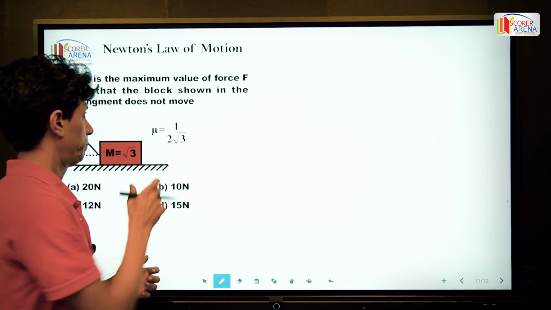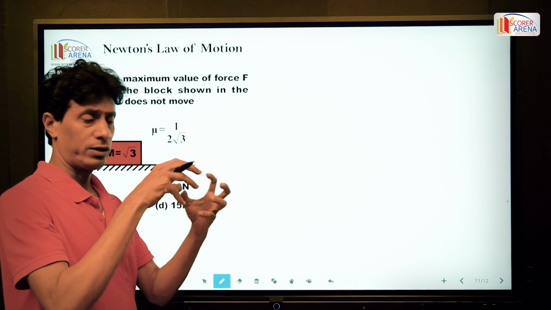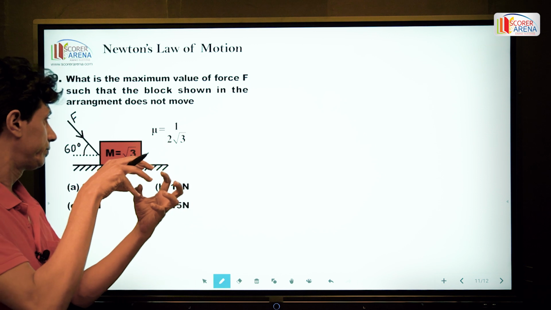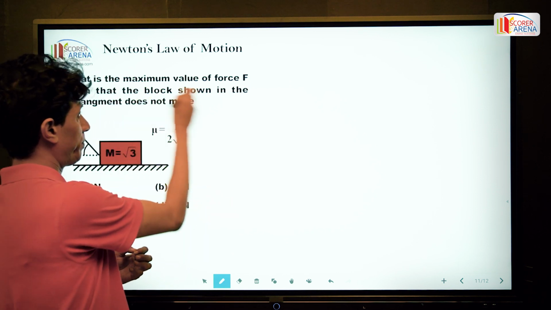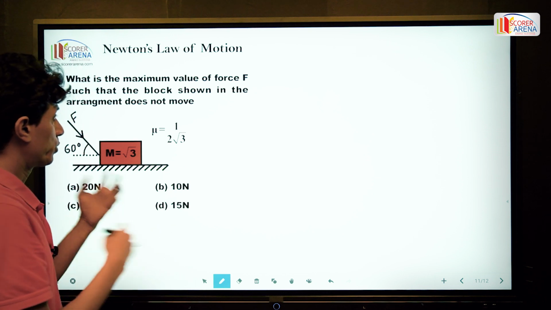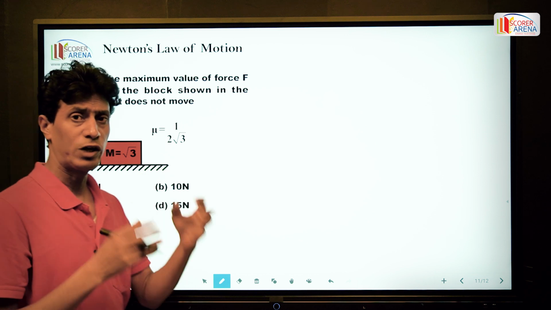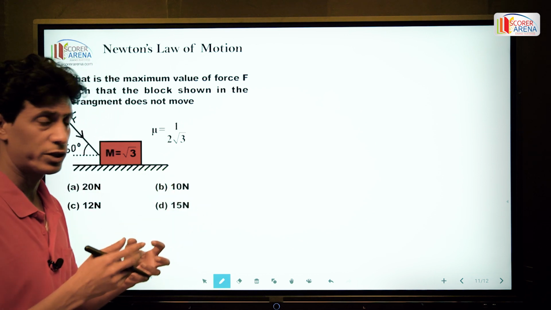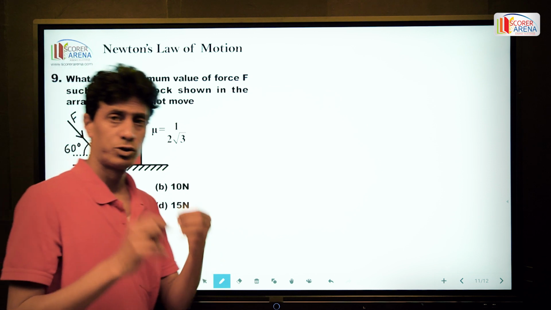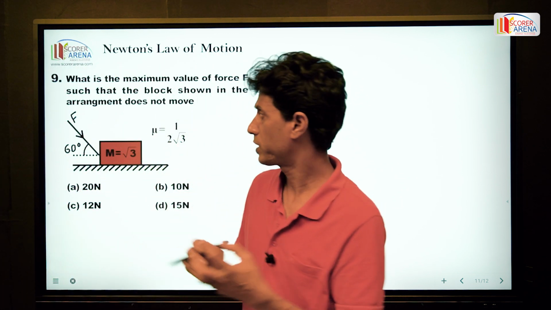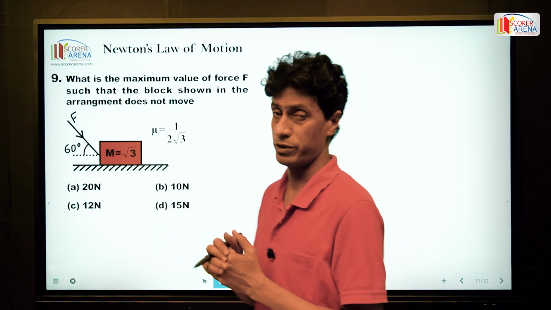So for the body not to move, that is the maximum force you can apply, or you can push the body at the maximum value. And sometimes the question asks for the minimum value of force required to move the body. When the question asks to move the body, it is the minimum value, but when the question says the body does not move, then it is the maximum value of the force.